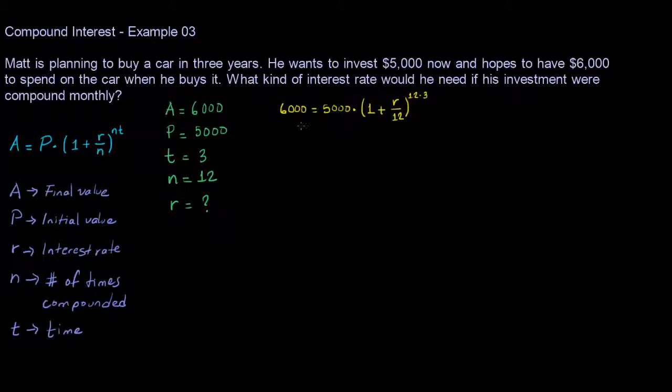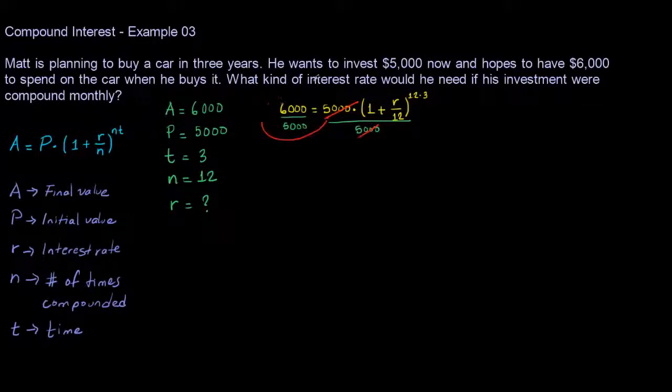So we can see things more clearly, I'm going to divide the left and the right side by 5,000, using a different color here. I'm canceling out the 5,000 on the right.